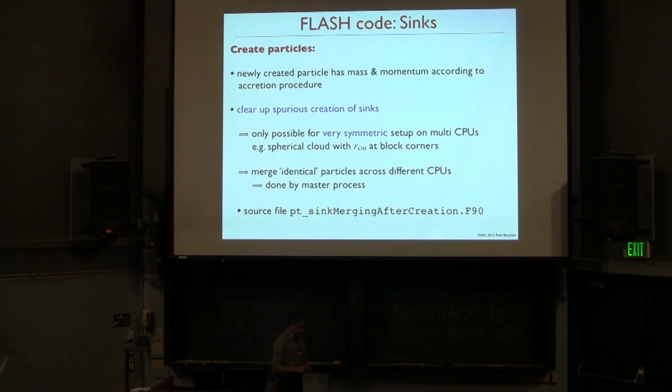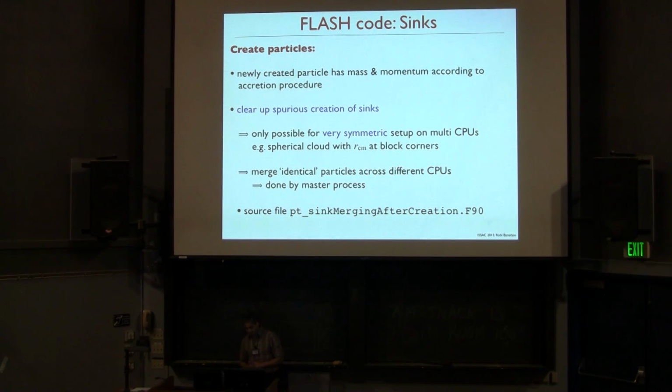But there's one very subtle thing I have to say: if you have a very symmetric setup, for instance a singular isothermal sphere where the center is right at the cross points or at block corners, and your domain is decomposed around these block corners at different CPUs, then every CPU essentially would create its own sink particle because all the criteria are essentially fulfilled.